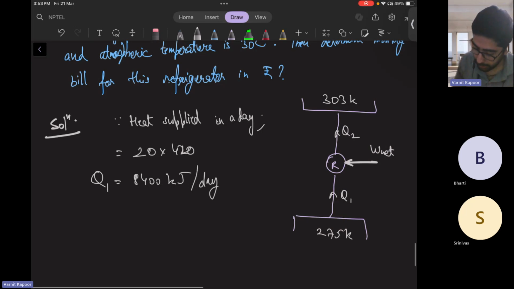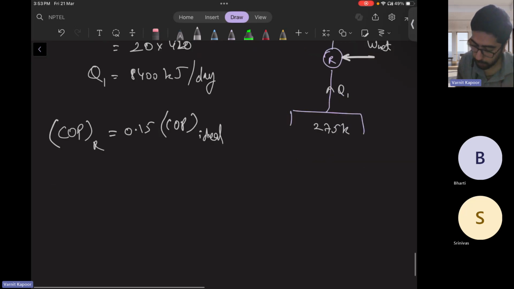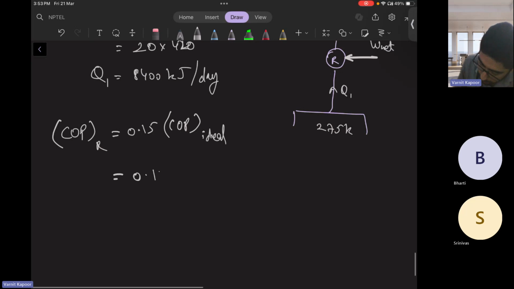Now it is also said that the COP of your refrigerator is 0.15 times the COP of your ideal refrigerator. What is the coefficient of performance in refrigeration? You want to maintain a lower temperature, so in the ideal case it is T lower by T higher minus T lower.